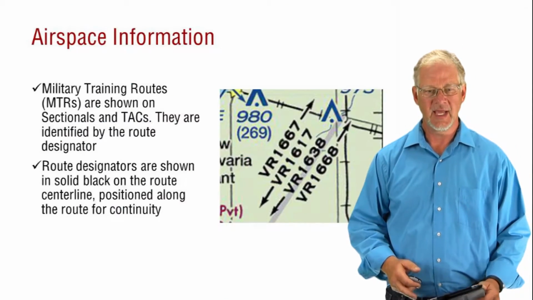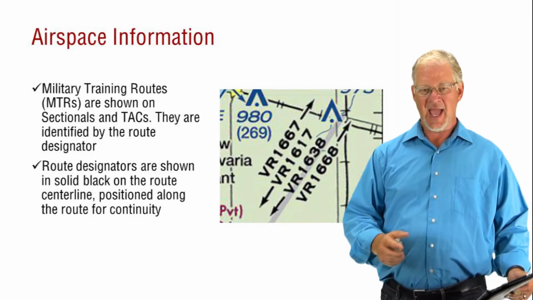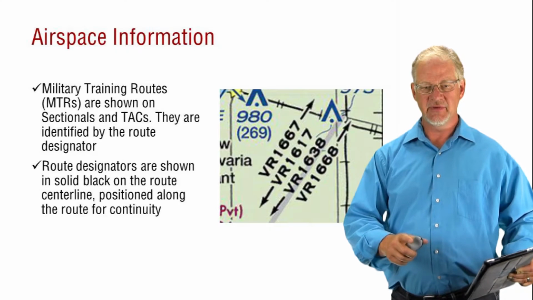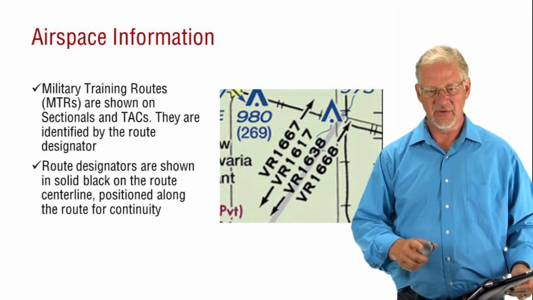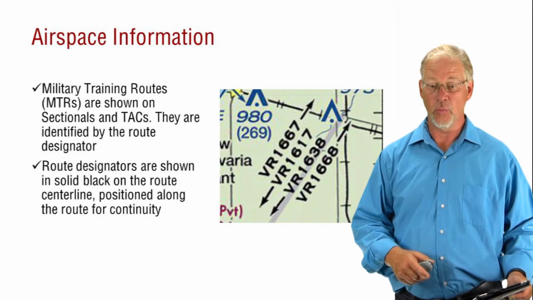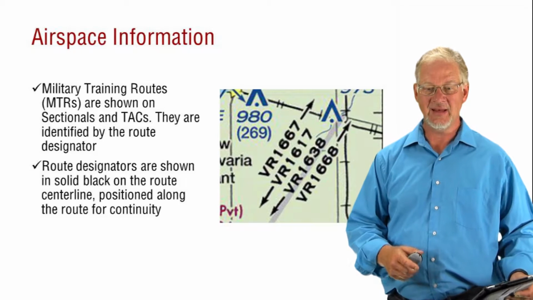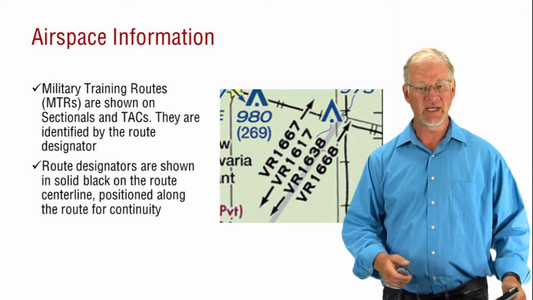Now let's talk about military training routes, or MTRs. As shown on the sectionals and on other charts, they're identified by route designators. So if you look on the screen here, you can see VR 1667, VR 1617, VR 1638, and VR 1668, and arrows pointing in different directions.